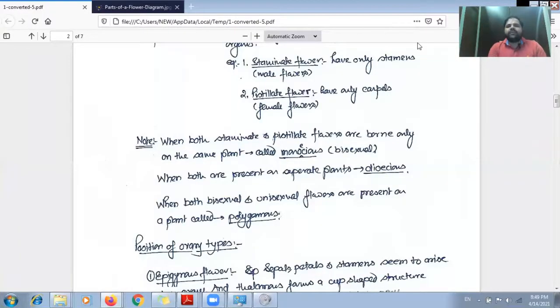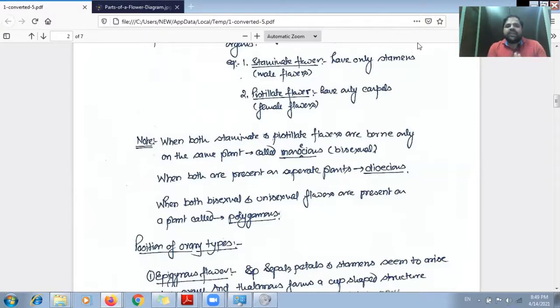Now we will understand monoecious plant, dioecious plant, and polygamous plant. So monoecious or bisexual plants are those plants which are having both kinds of reproductive organs.